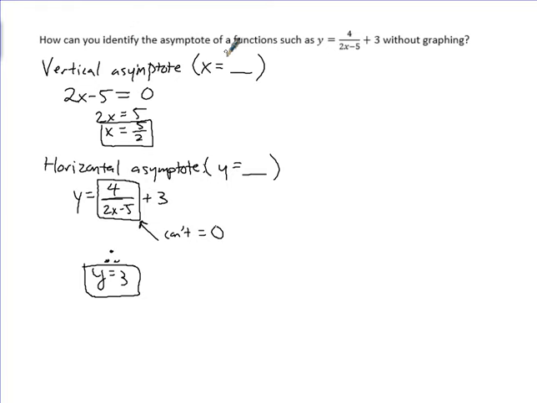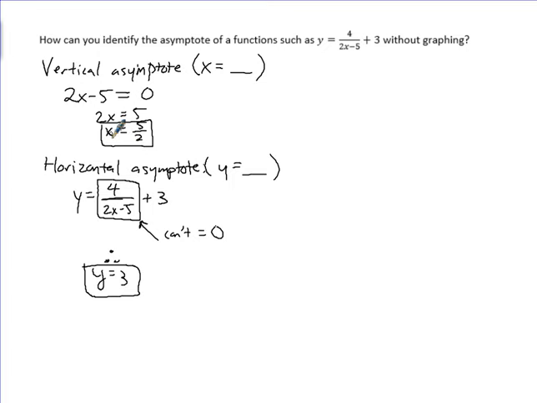Okay, so the next one is how can you identify asymptotes of functions such as y equals 4 divided by 2x minus 5, plus 3, without graphing? Well, the first thing is we should know, I spoke about this earlier, this 2x minus 5 can never be 0. So you take that 2x minus 5, you say, well, what if it was 0? If it was 0, that's where my asymptote's going to be.